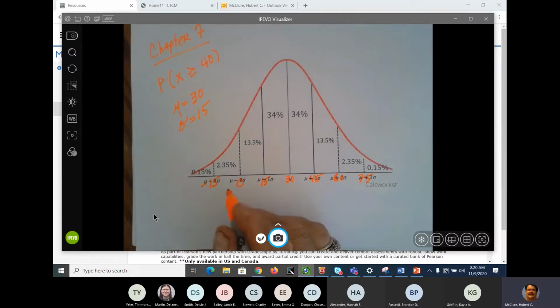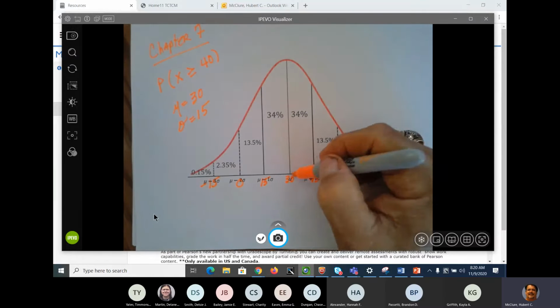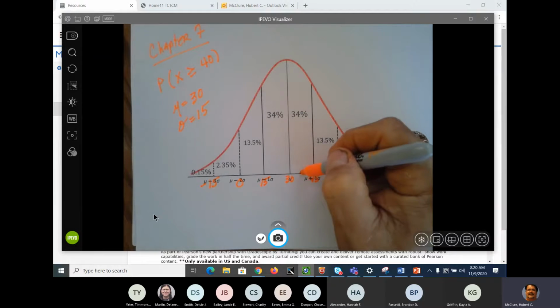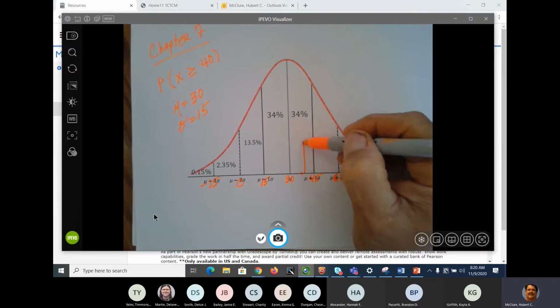That doesn't happen, but I made this question up. And you plot 40 right here. 40 is between 30 and 45, so halfway between would be 37. So 40 would be about right here.